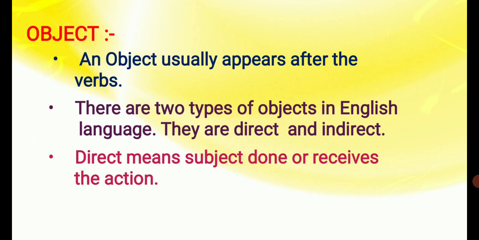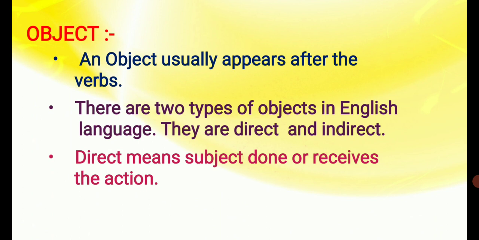So the subject is Ravi. Ravi is the doing part of the sentence. What is the verb in the sentence? Writes. And what is the other noun of the sentence? Letter. So the letter is written by Ravi. So letter neatly is called the object, and it is the direct object, right?